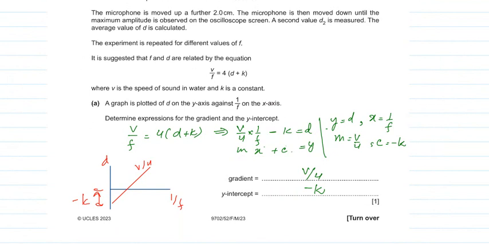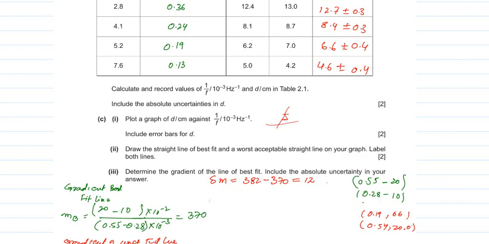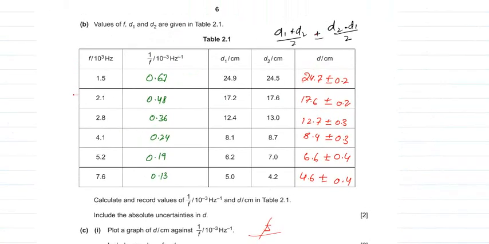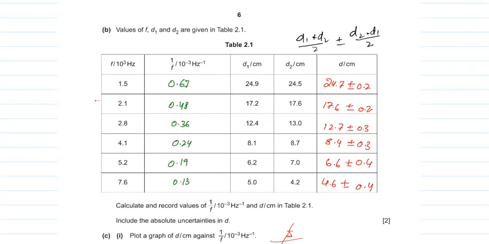So after plotting the graph, right? We have been given values like f, which is to the power 10 power 3, so it's 1.5 times 10 power 3.